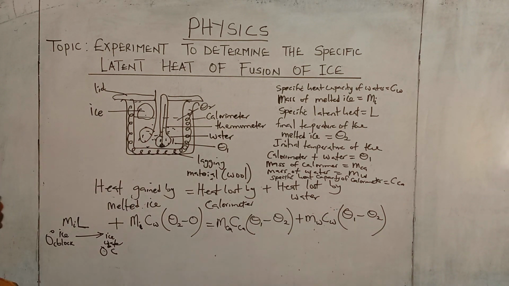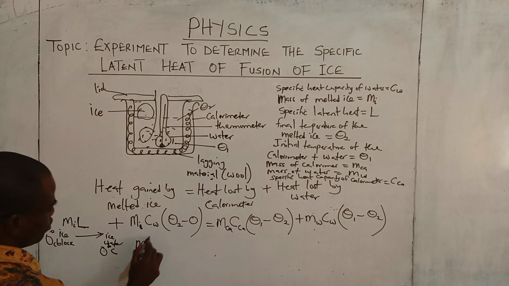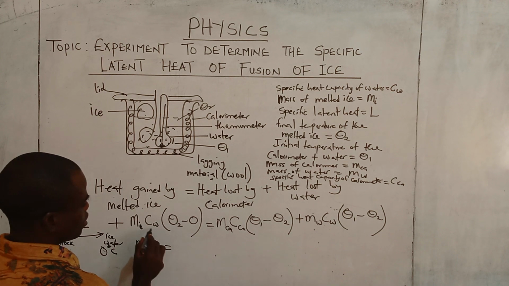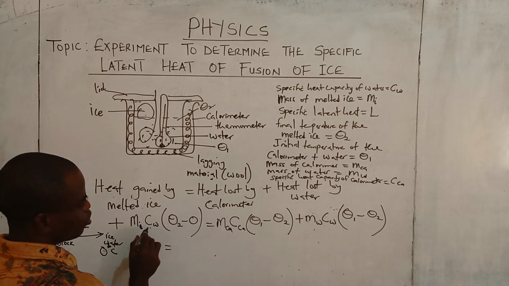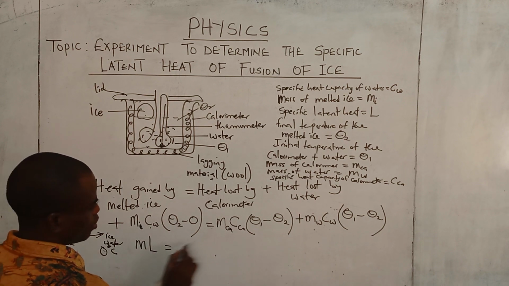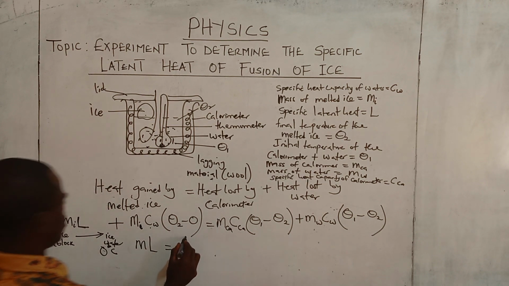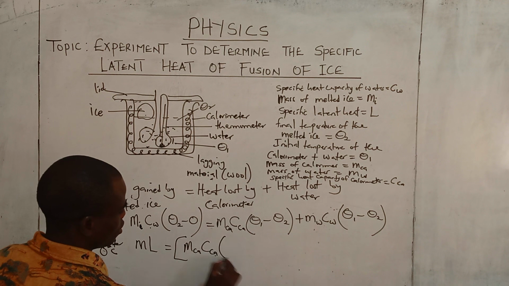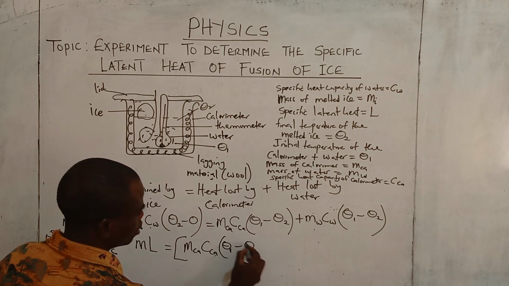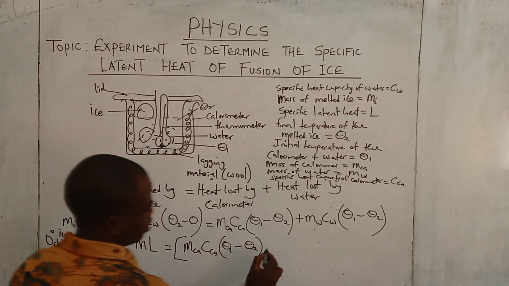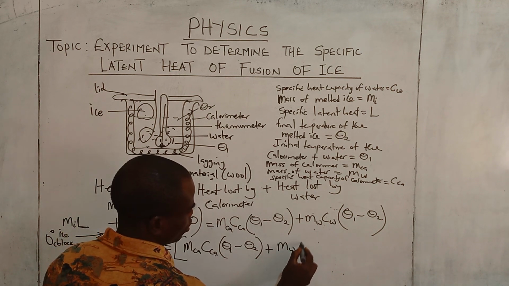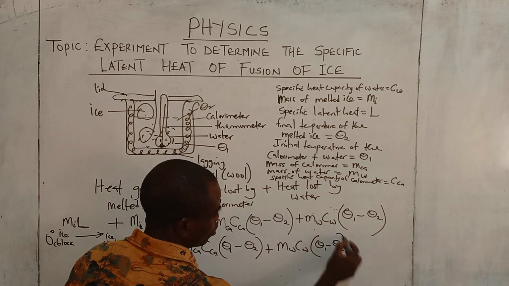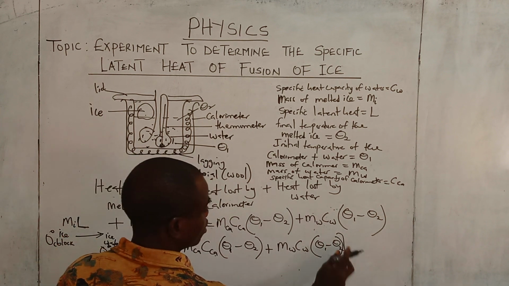Now you can be asked to look for the latent heat. And you now have mL equals, put all this one in brackets. Don't forget that this has turned to water. That's why we use specific capacity of water. It has turned from ice block to water. Now you put all this one in brackets: Mca Cca (theta1 minus theta2), close the bracket, plus Mw Cw (theta1 minus theta2), close the bracket.